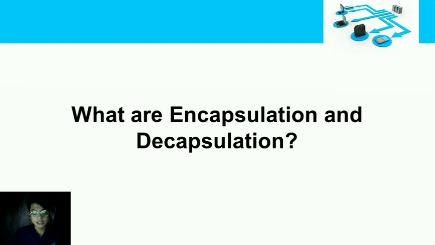In decapsulation, the data moves from the lower layers to the upper layers, unlike encapsulation that moves the data from upper layer to lower layer. In decapsulation, each layer unpacks the corresponding headers to obtain the actual data.